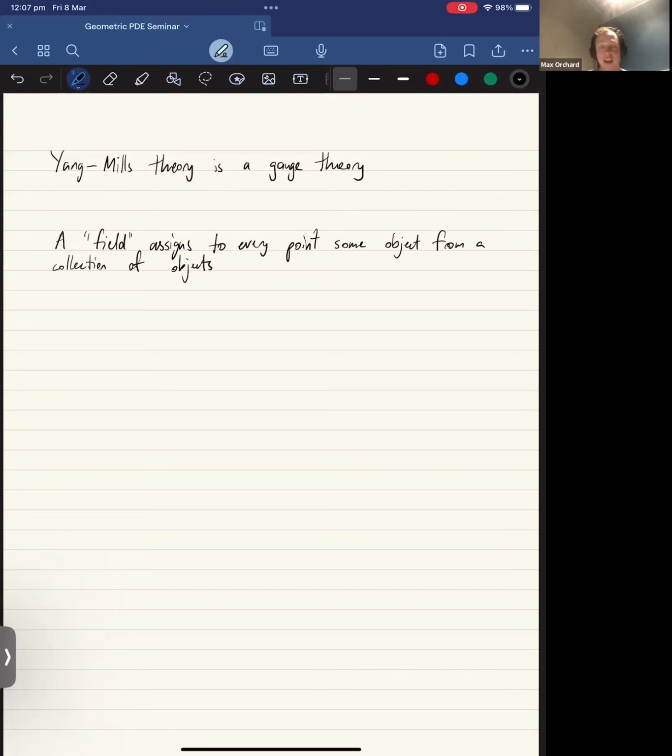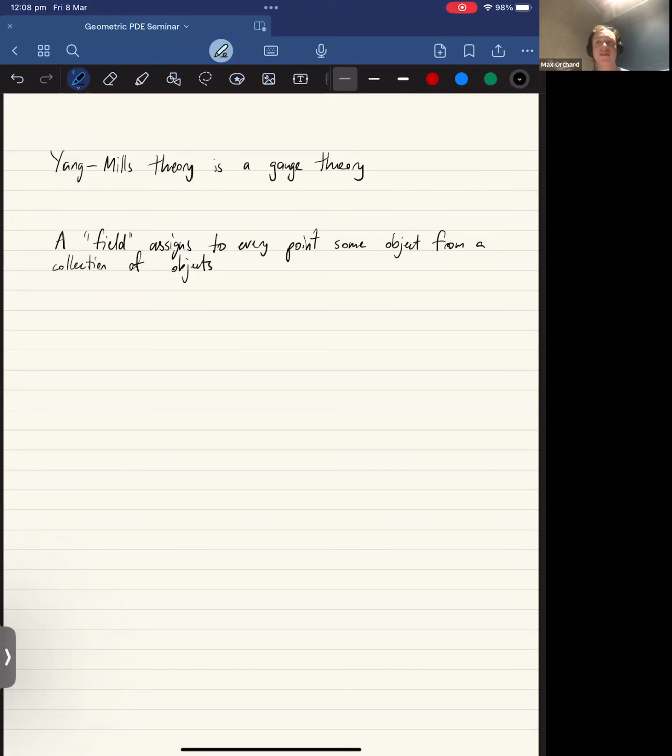Now, a very simple example is, let's say you just have a 2D plane. You can assign a temperature to each point on this plane, and this will give you a field, a scalar field, where at each point you get a temperature scalar. Now, you can also assign, let's say, an electric force vector at every point that describes the force that would be imparted on an electric charge at every point.